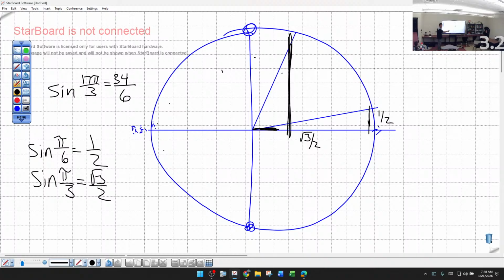That's 12 pi over 6 because it's 2 pi. 12, 24, 25, 26, 27, 28, 29, 30, 31, 32, 33, 34. That's where 34 pi over 6 is. And sine is the long one, so it's square root of 3 over 2. And sine's underneath, so it's negative.